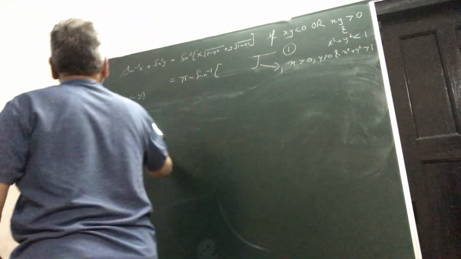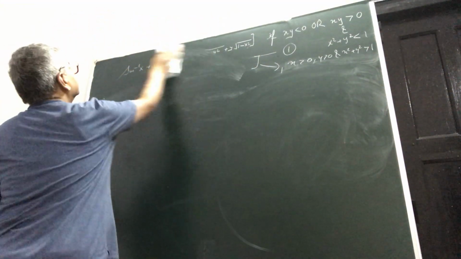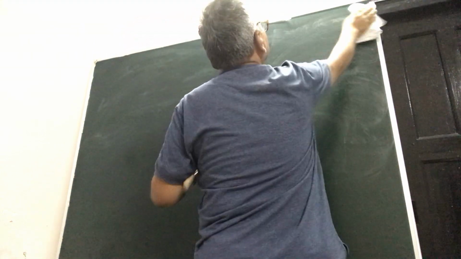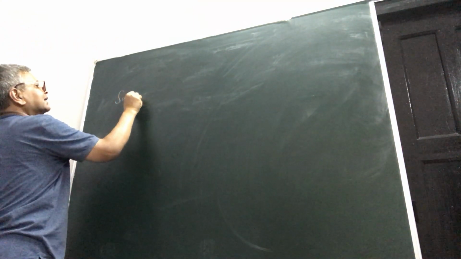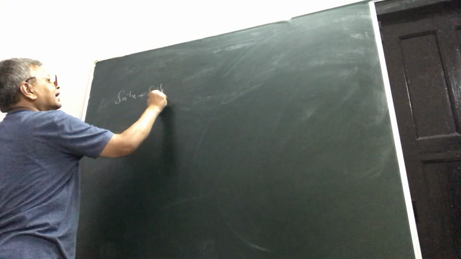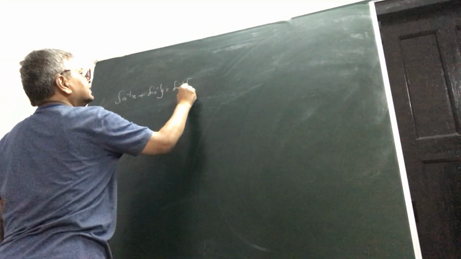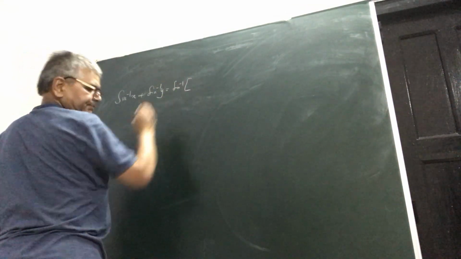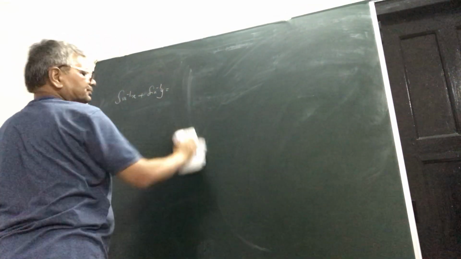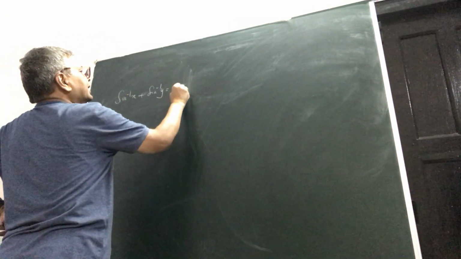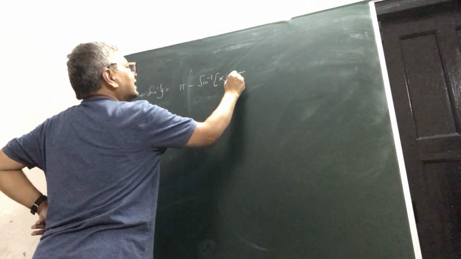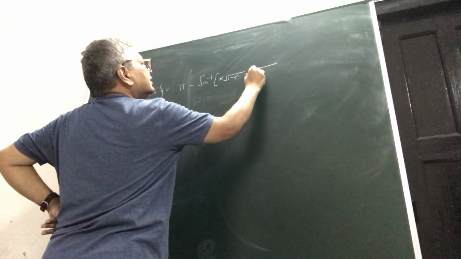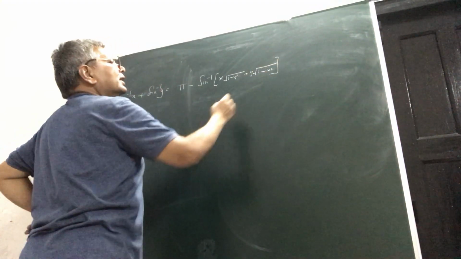The first part we have already done. Now the second part, see. You know very well that sin inverse x plus sin inverse y is equal to pi minus sin inverse of x under root 1 minus y square plus y under root 1 minus x square, under what condition?